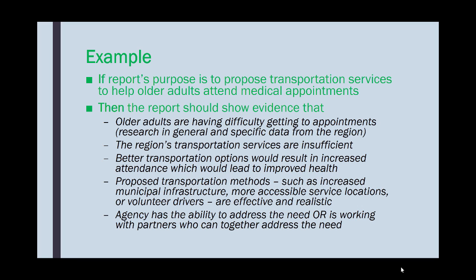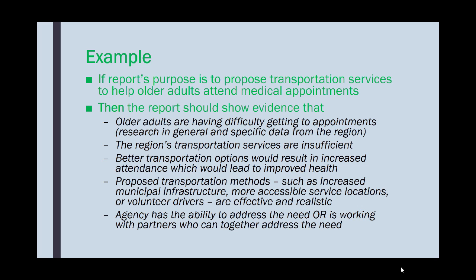The proposed transportation methods that you're making in the report could be increased municipal infrastructure, more accessible service locations, or volunteer drivers. Whatever you're proposing needs to be effective and shown to be effective. It also needs to be realistic. For example, if you're a private agency that has a few clients, you can't be proposing municipal infrastructure, which leads to that final point.